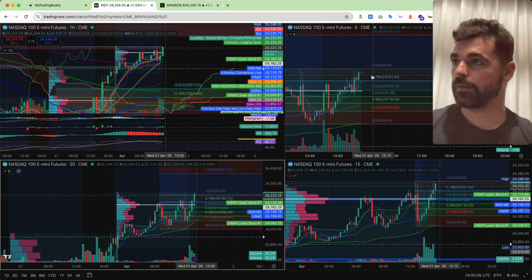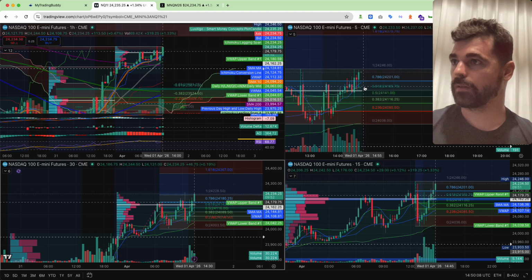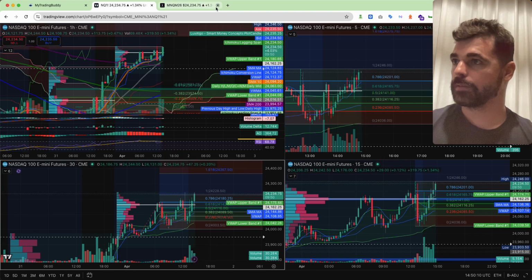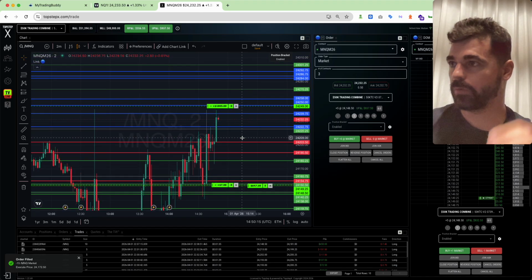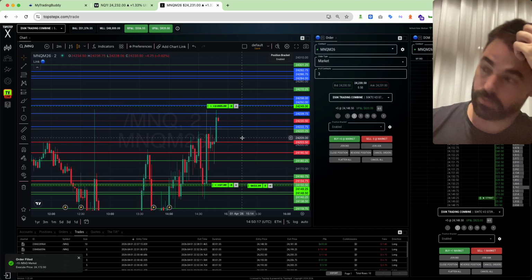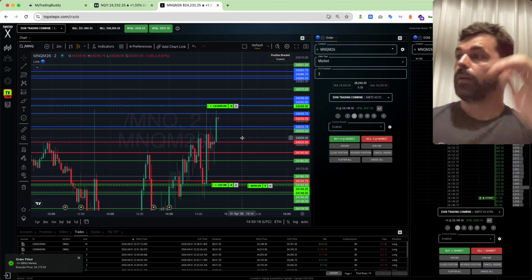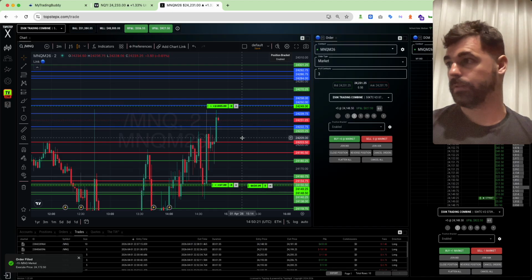So close now. Probably so close. It should at least poke above 10 points. Above 46 in theory. Otherwise we have a double top.